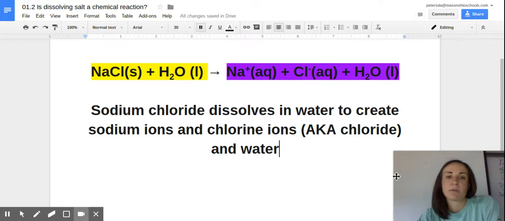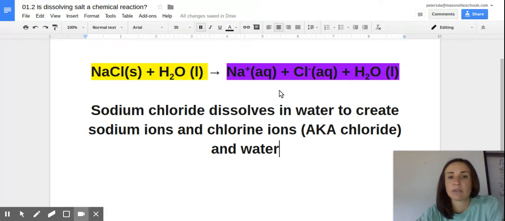If we look at the chemical equation on your screen, we have sodium chloride, which is a solid. That is your salt, plus water, H2O, which is a liquid. That's what the L stands for. When those combine, the water dissolves it and forms sodium ions and chloride ions, and the AQ means aqueous, which just means dissolved in water.